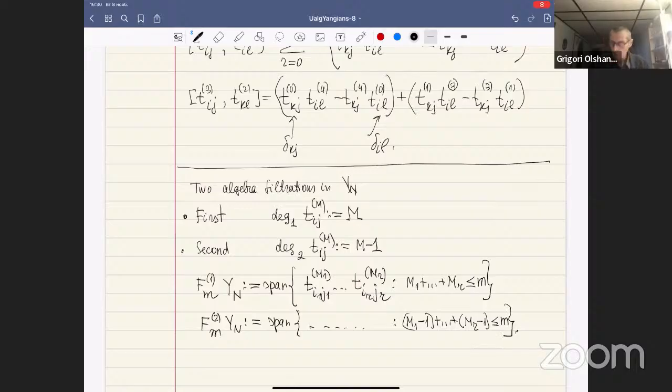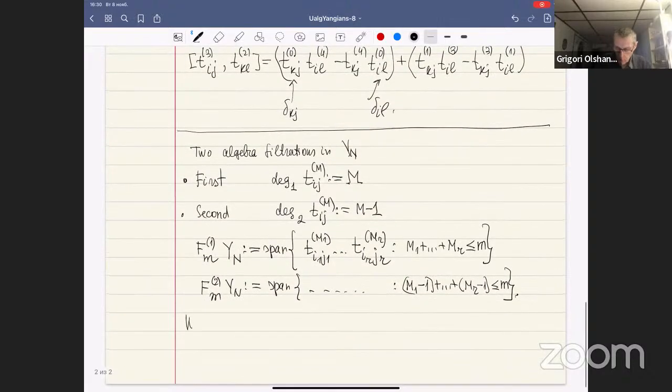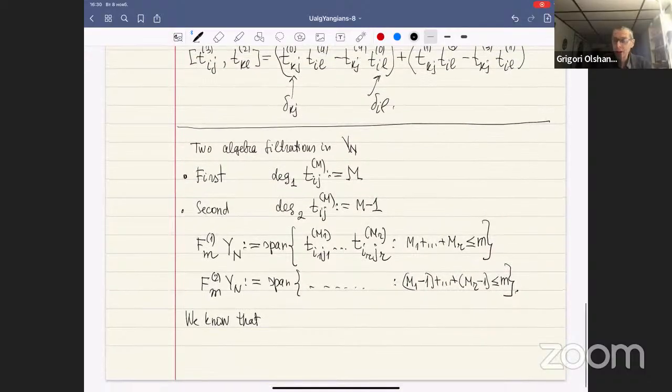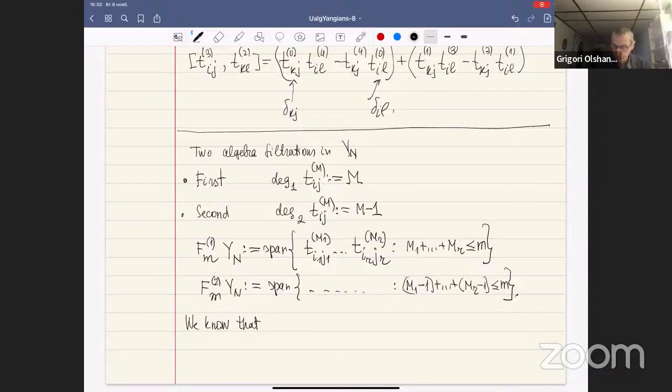So we know that the associated graded algebra with respect to the first filtration is a commutative algebra. Actually, this is the algebra of polynomials in countably many generators.